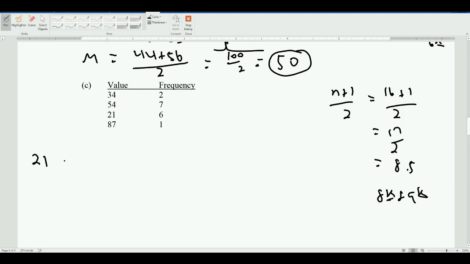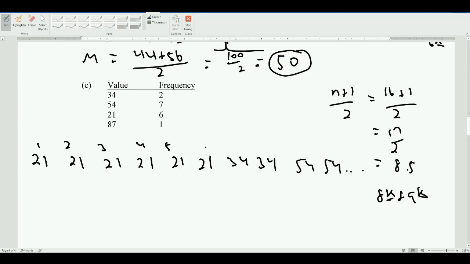So it should have been 21, 21, 21, 21, 21, 21, that's 6, and then the 34, 34, and then the 54, 54, dot, dot, dot. The reason I don't have to do them all is that I'm looking for the 8th and 9th values. So 1, 2, 3, 4, 5, 6, 7, 8, 9, it's in between those two instead. Gotta watch that stuff. It's all about the order.